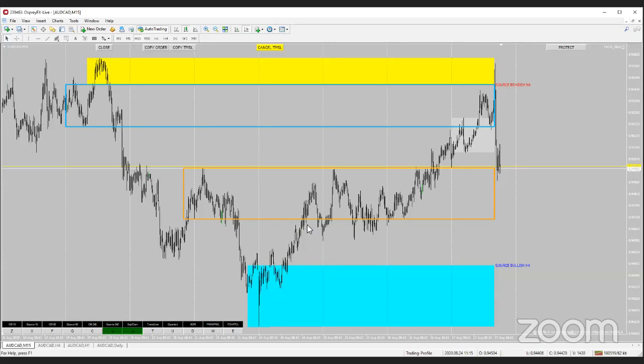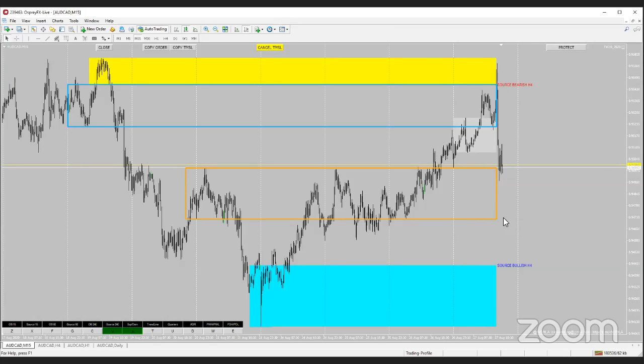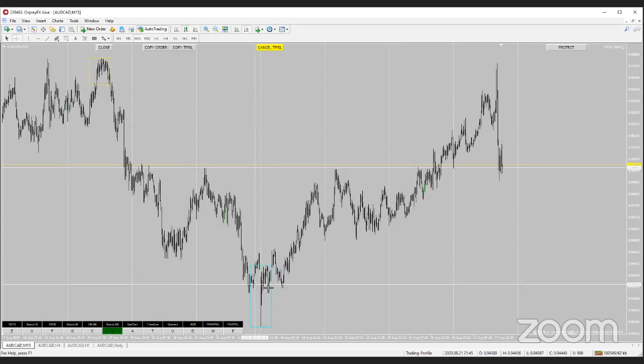So here on the 15-minute time frame, you can see that this is the actual layout. This is the bullish source and the bearish source on a 15-minute time frame. I'm just showing the bullish source at this time. Now, where's the order flow?